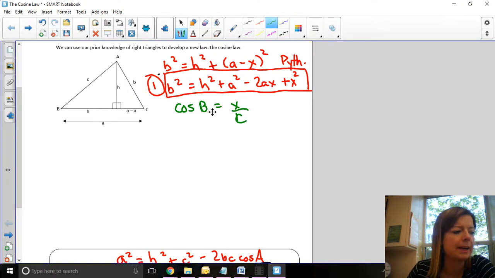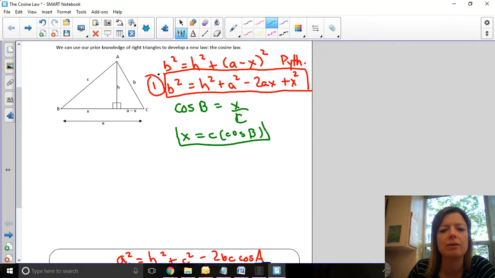So cos of B is x over c. We can arrange this so that x is equal to c times cos of B.